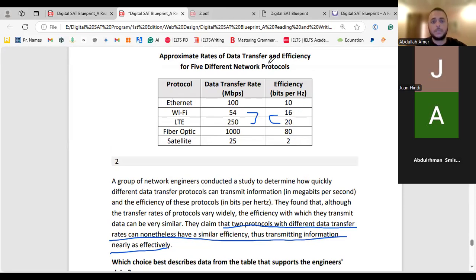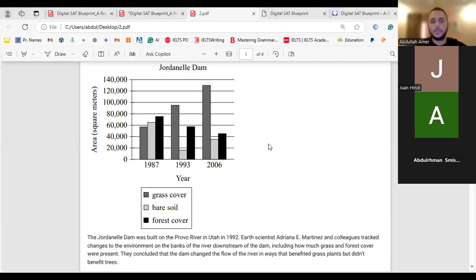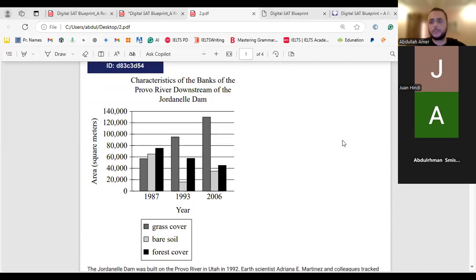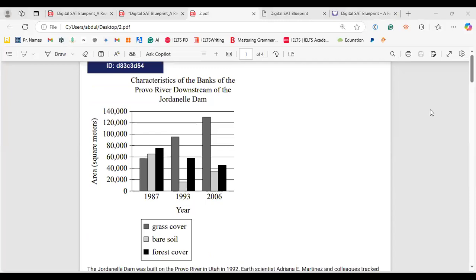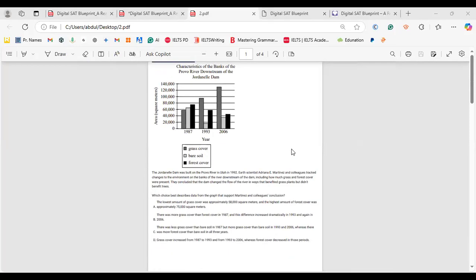Now let's move to another question. This is from the College Board question bank. Try to answer the question, please.